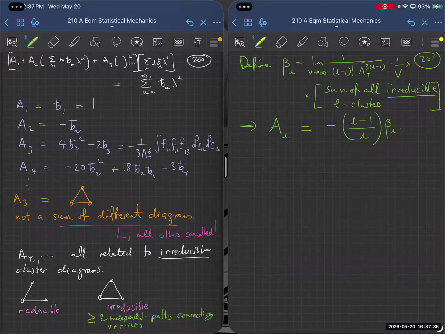So now we say, well, okay, fine, so what? Here's the answer. Now all we have to do is a few integrals. Let's suppose I want the equation of state up to, let's say, 6th order.